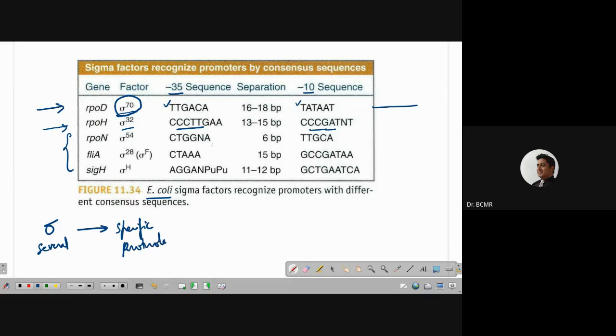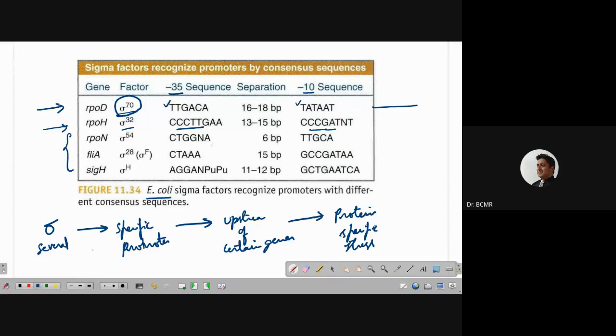These promoters are present upstream of certain genes, and these genes produce proteins involved in mitigating that specific stress, right?